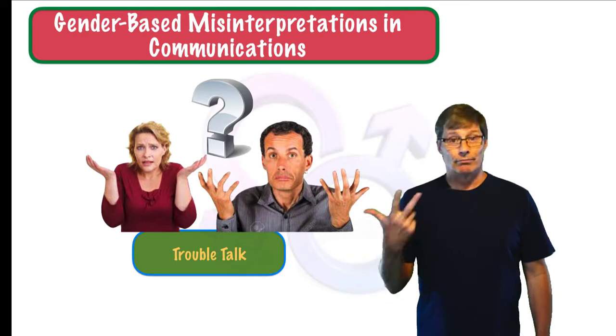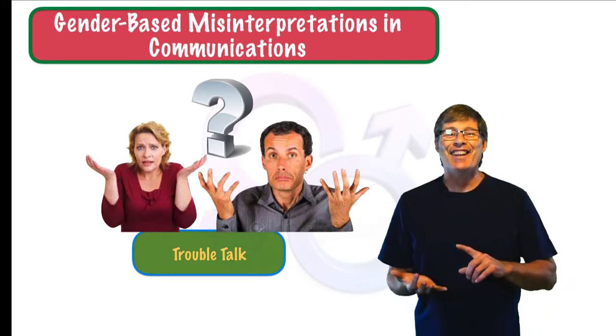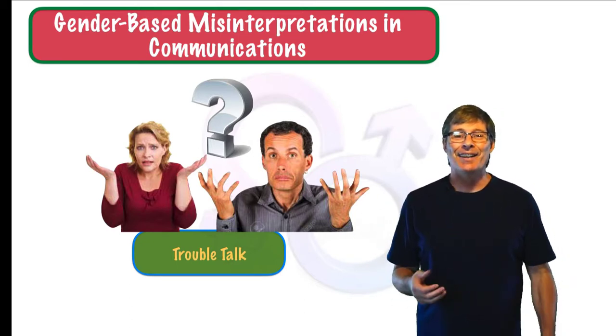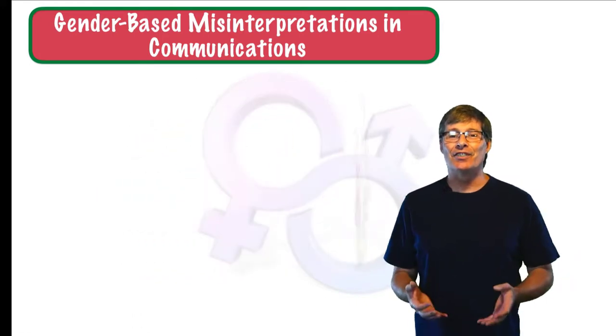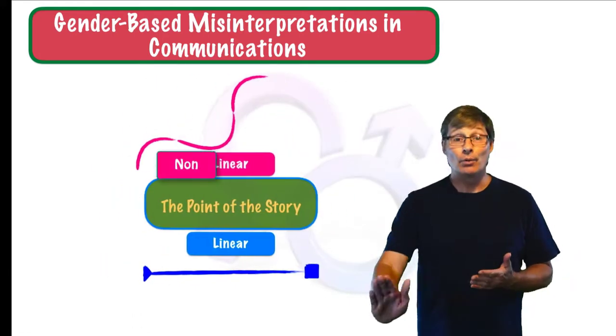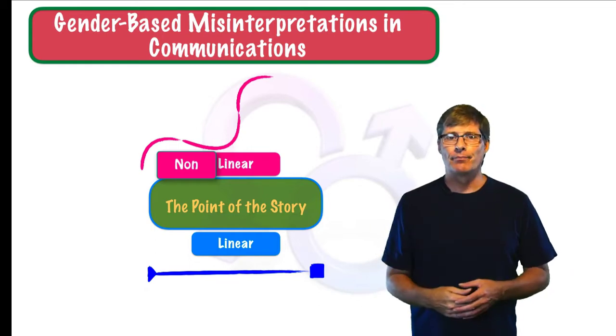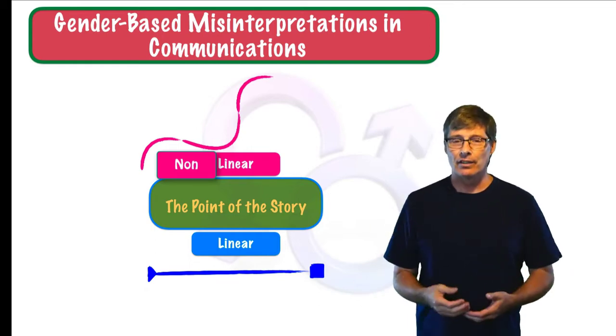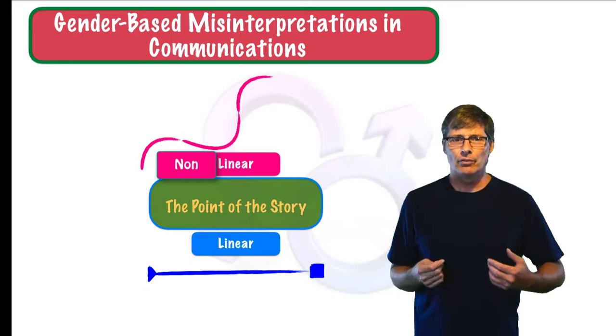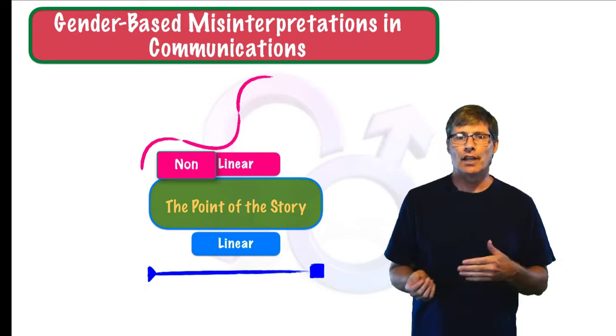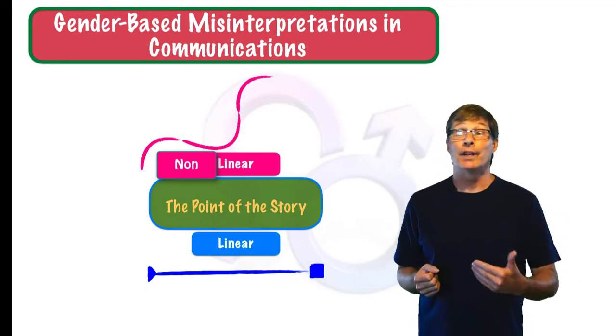The third point is the point of the story. Masculine communicators tend to tell a story in a linear way. Linear, chronological, a direct line. While feminine communicators tend to tell stories in a less structured, less organized format.